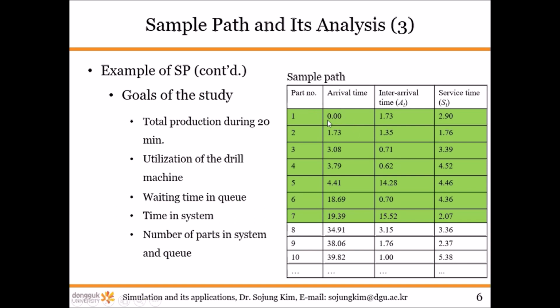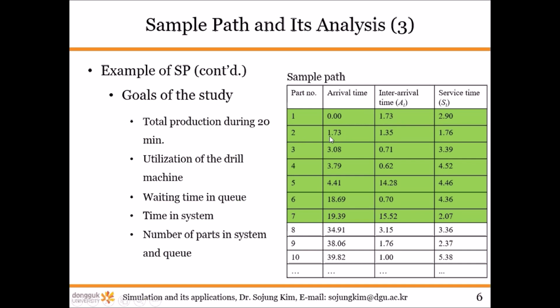At time 0, part 1 enters the system, as you can see, and each service time is 2.9. And then the interval time between the first part and the second part is 1.73 minutes, which means after 1.73 minutes, the second part will enter the system.